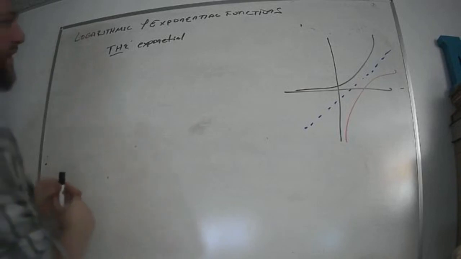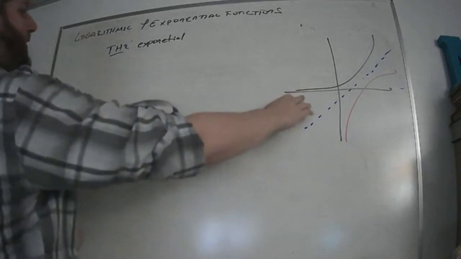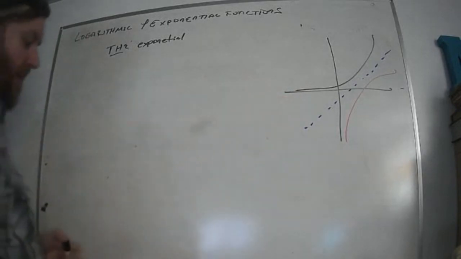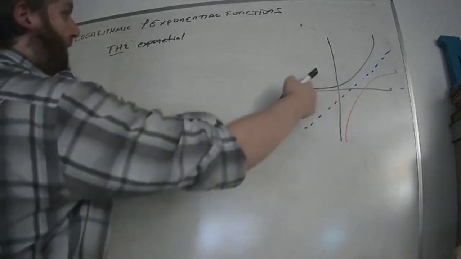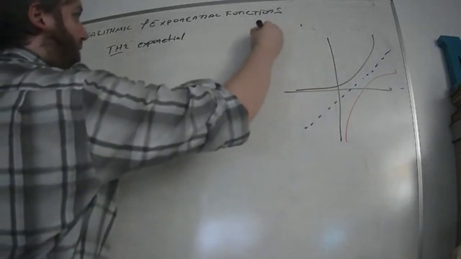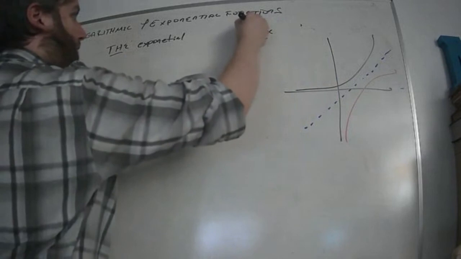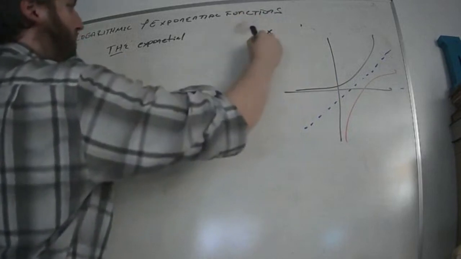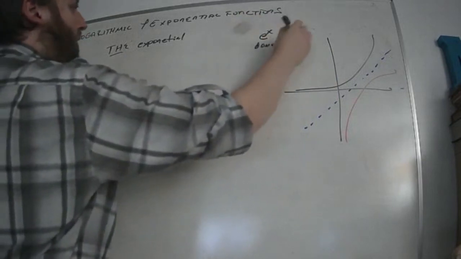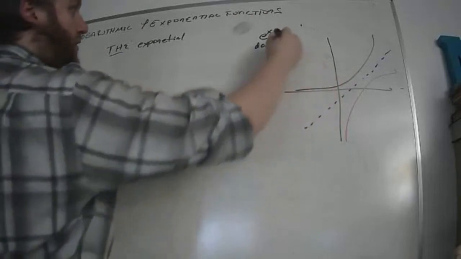So I guess I'll write them down, right? We can say the properties of e to the x. The domain is all real numbers.